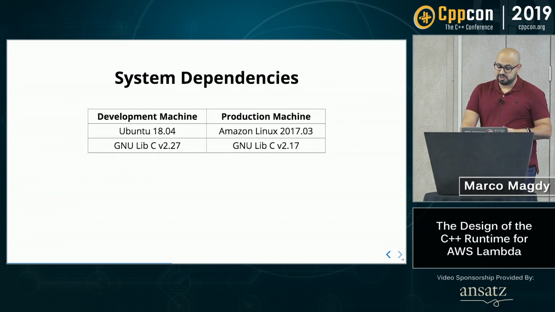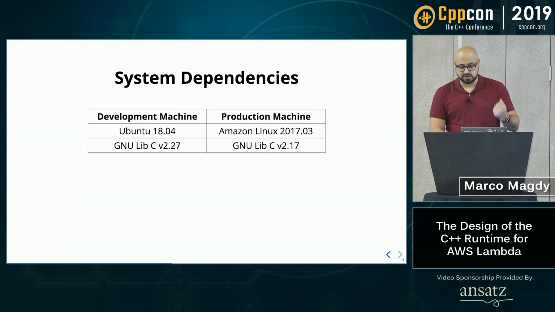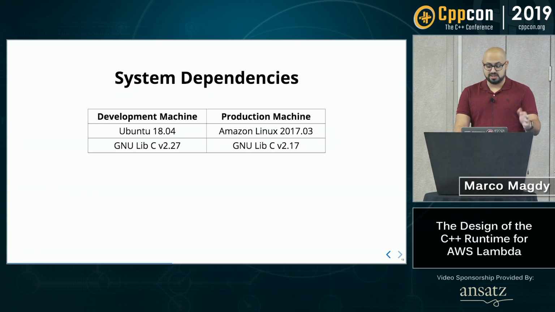So as an example here, if you build your code on a development machine that's running Ubuntu 18.04 Bionic, which ships with GNU libc version 2.27, and then you deploy this on a machine running Amazon Linux 2017, for example, which happens to be one of the Linux hosts Lambda runs, this distribution ships with GNU libc version 2.17.